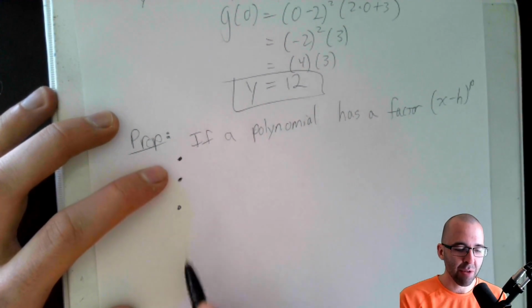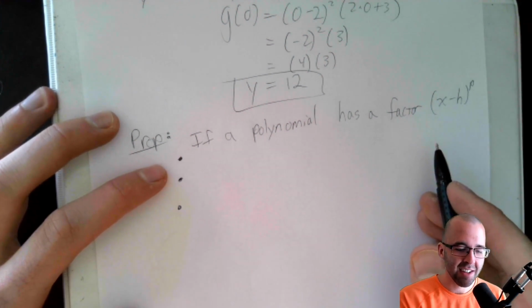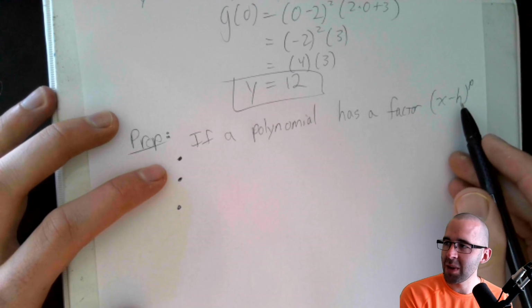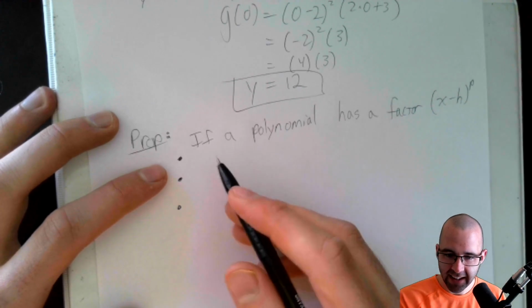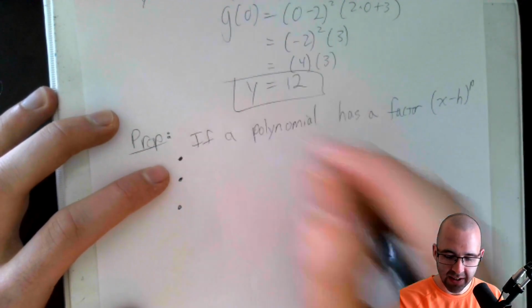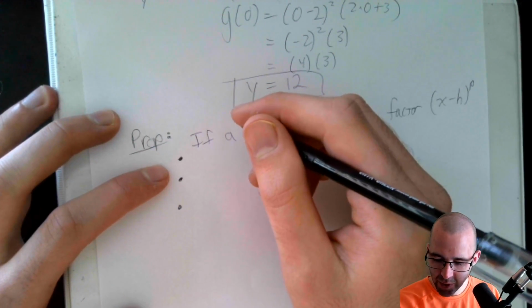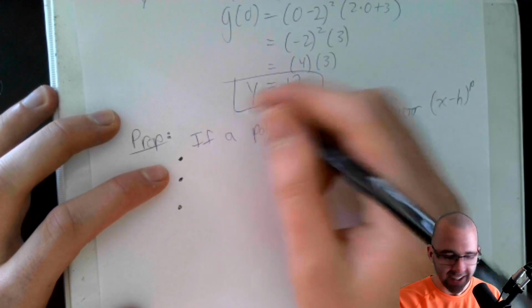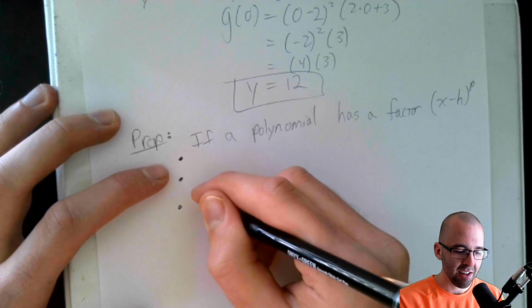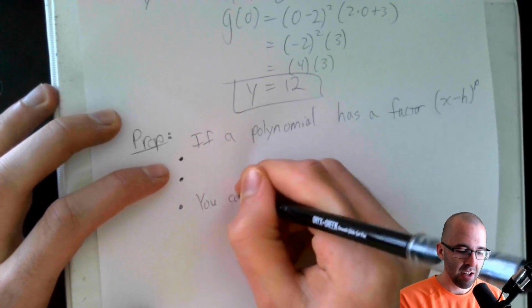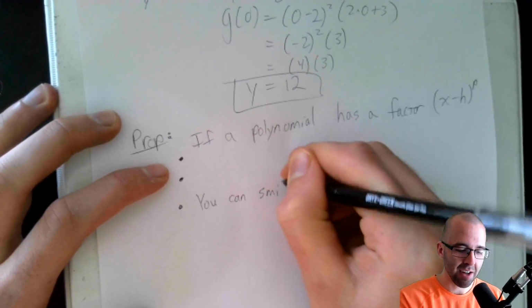Anyway, here we go. We have three things. If a polynomial has a factor of x minus h to the p, what happens? Oh, oops. This is like Boardwalk. There's only two things here. The third one will be, then you can smile.